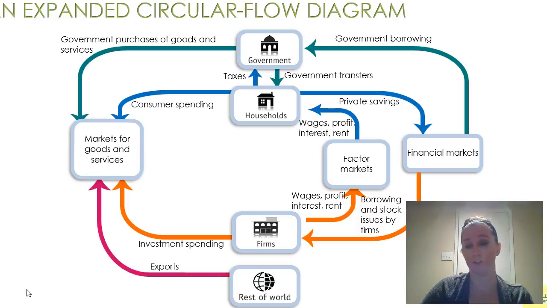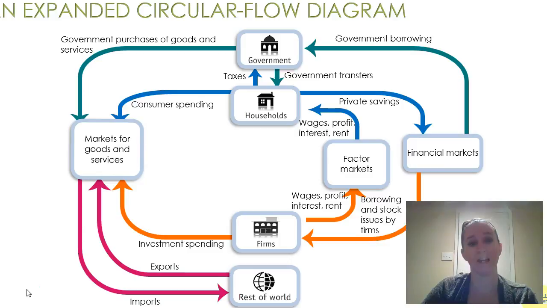And in the market for goods and services, we can export things, and then we can also import things. Now, I want you to be very careful and think about why the export arrow is pointing in towards the market for goods and services, and why the import arrow is pointing outward to the rest of the world.